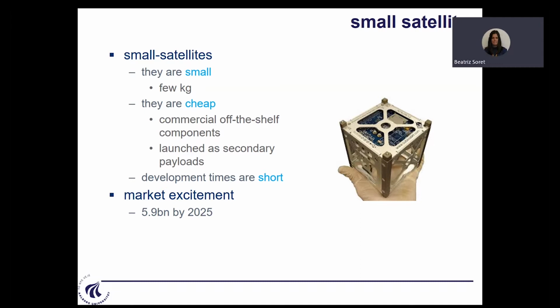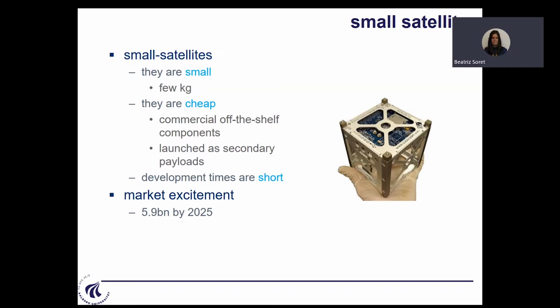The first CubeSat was launched in early 2000, but it's probably now in the last years that they are reaching a level of maturity in which it makes sense to think of competing with terrestrial networks or complementing terrestrial networks in some use cases, some applications. So the thing about these small satellites is that they are very good for the market because they are small and they are cheap.